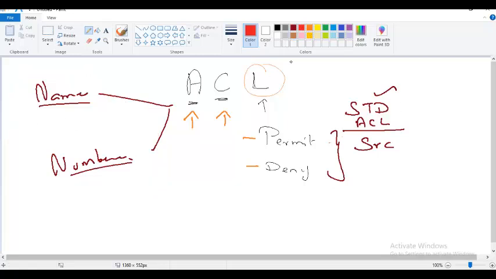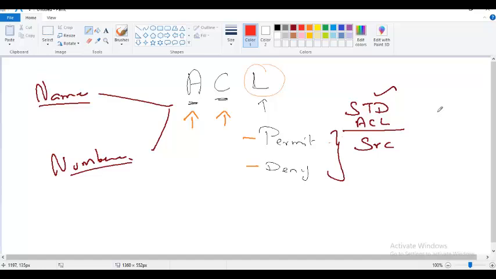I have a standard access list, which is only focusing on from where the traffic is coming, based on which it is going to decide whether to permit or deny. It is a standard access list.